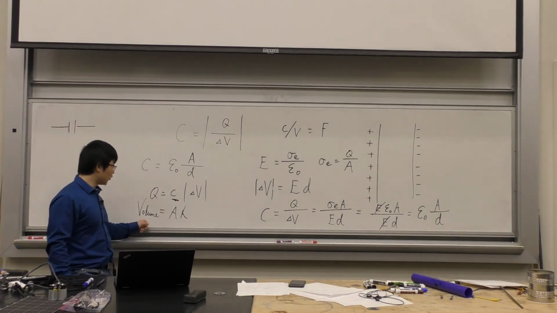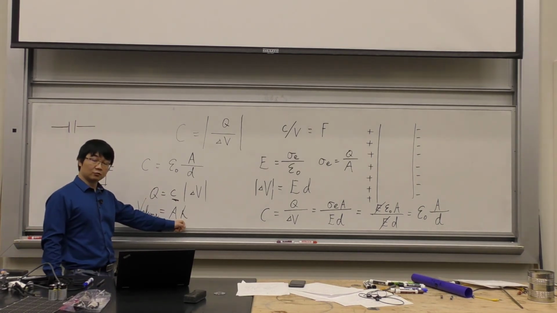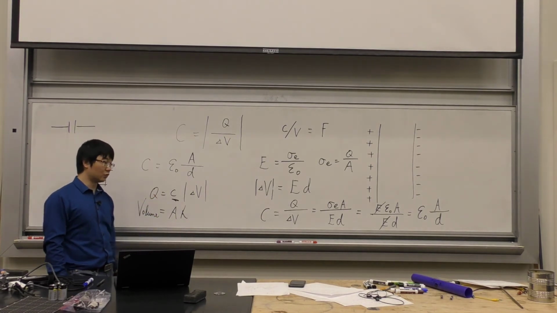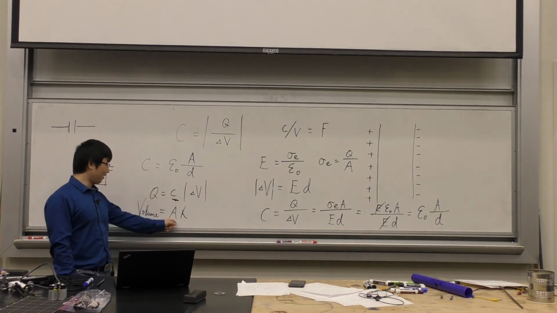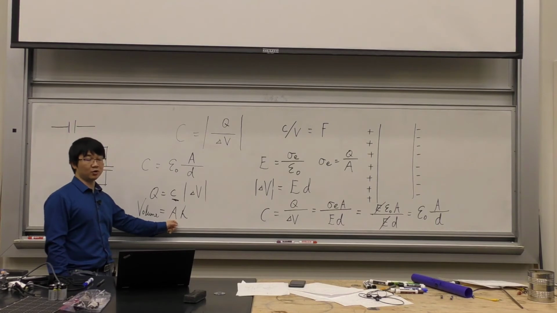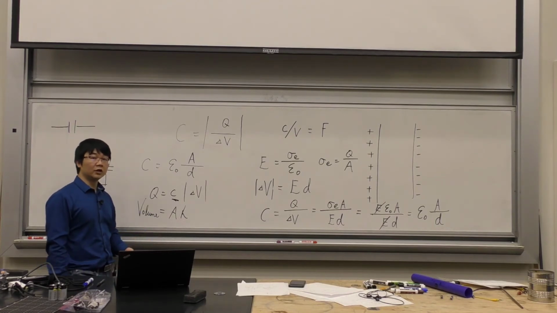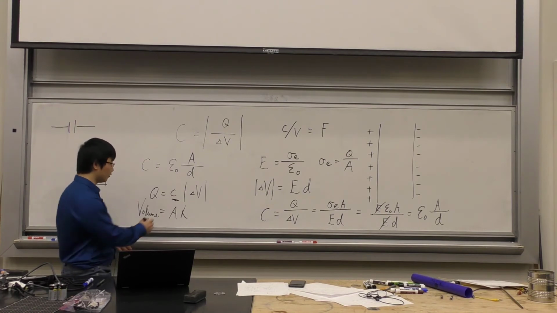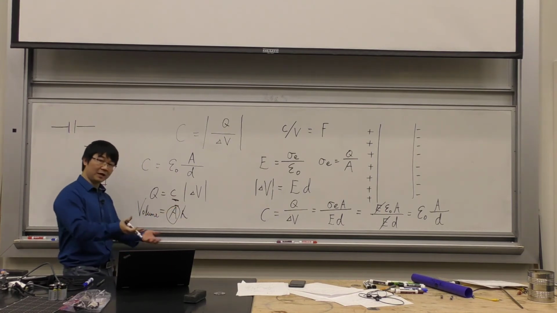So this volume is going to change with the height of the water level, but the area is not going to change. It's a property of this water tank. If you want to store a lot of water, you would get a water tank with a very big base area.